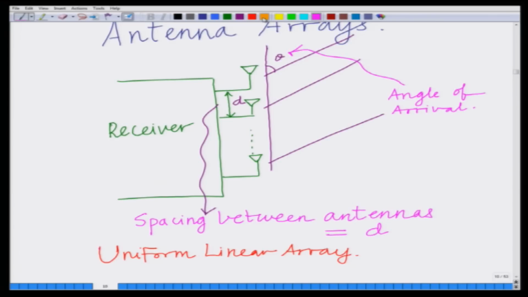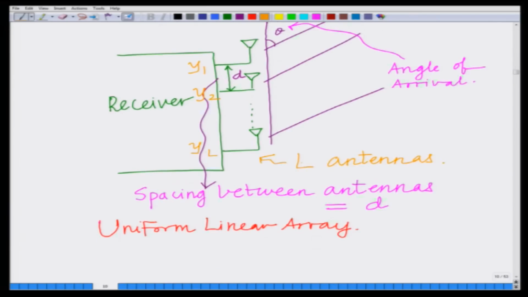Okay. And let yi denote the signal at the ith antenna. Which means y1 is the signal at the first antenna, y2 is the signal at the second antenna, and so on, if we have L antennas. So, we are considering a scenario with L antennas, which implies that yL is the signal at the Lth antenna.